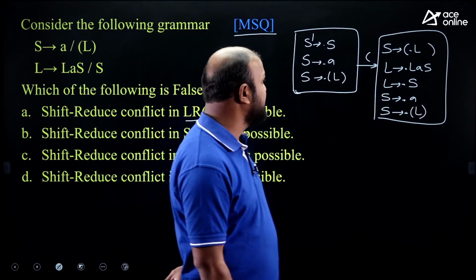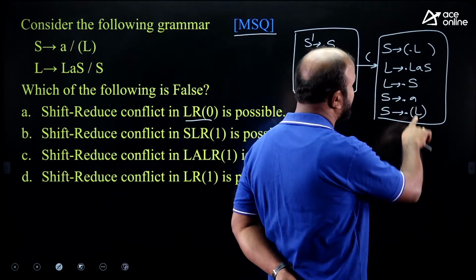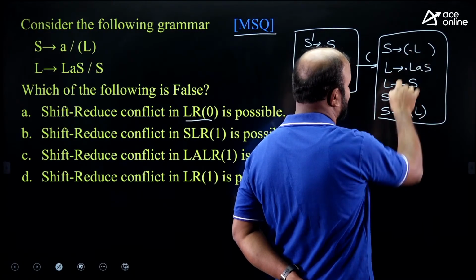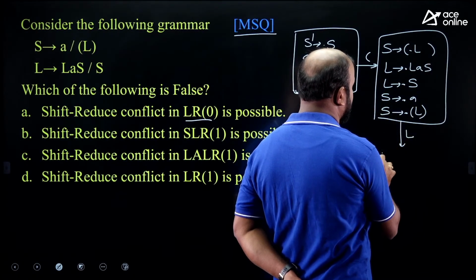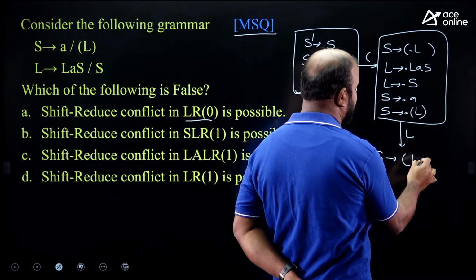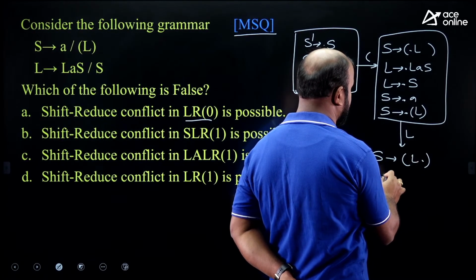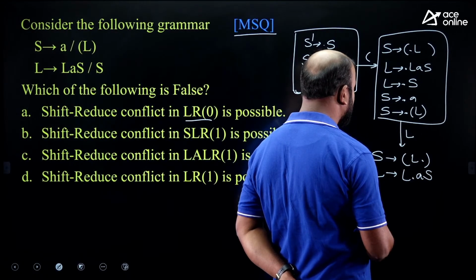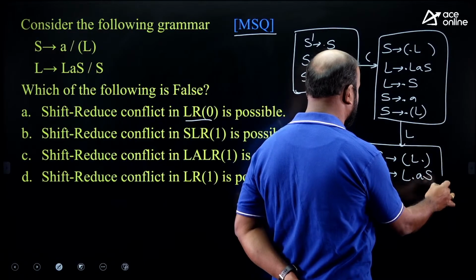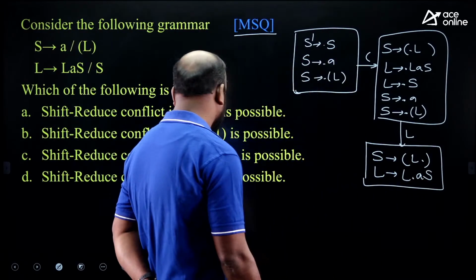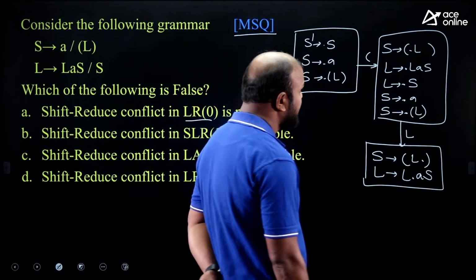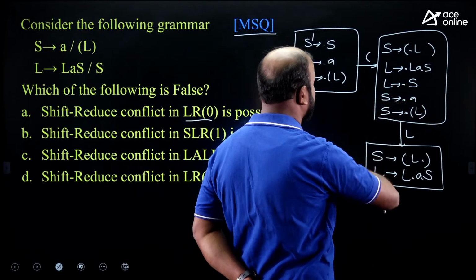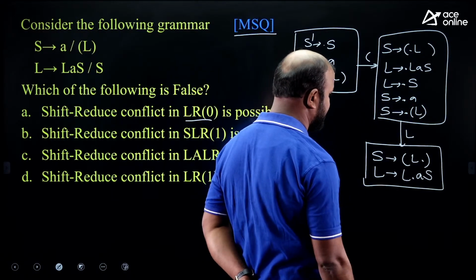Check for movement on L, dot L, because with dot L we have two possibilities: S tends to open L dot close, and L tends to L dot A S. But here you don't get any conflict. Fine. Next, with S, only one item possible. With A, one item possible. With open, you will get the same.